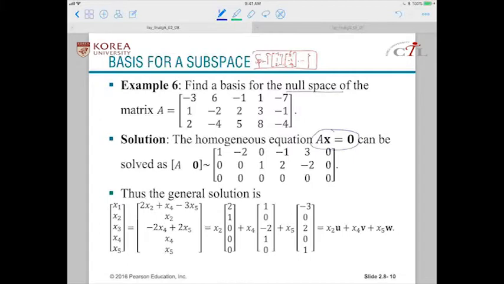Okay. So this matrix is converted into this form of reduced echelon form. Okay, this reduced echelon form.